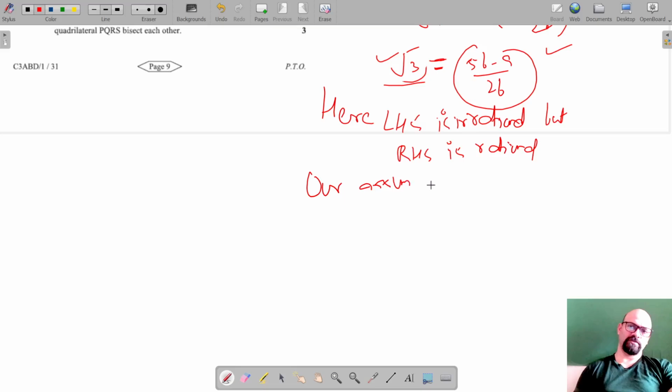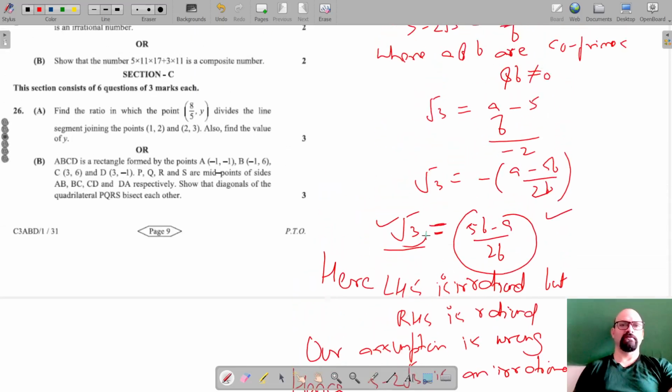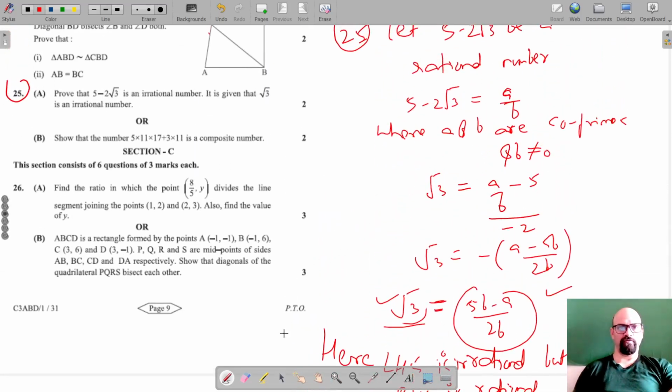Our assumption was that this is rational, so hence 5 minus 2 root 3 is an irrational number. Okay, so this solves part A.